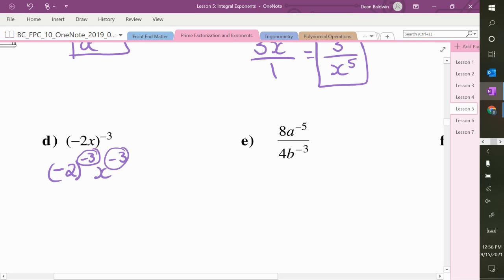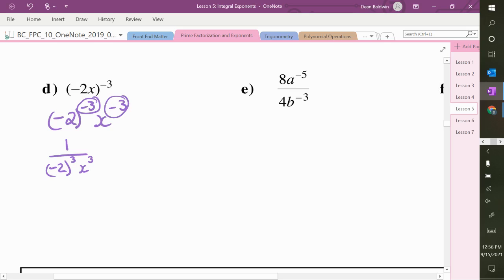You make it a fraction, right? So I can write it like this. You put them in the denominator. Now, what is negative 2 to the power of 3? What does that mean? Negative 8, because negative 2 cubed is negative 2 times negative 2 times negative 2, which is negative 8. So this becomes 1 over negative 8 x to the 3.